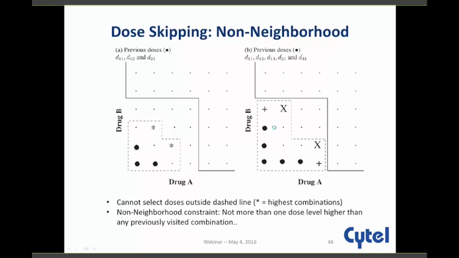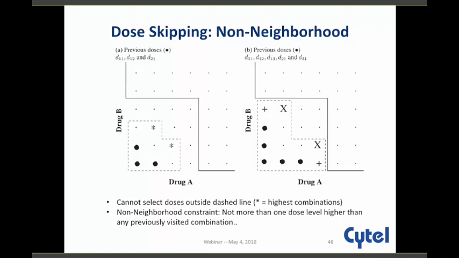And there is also the non-neighborhood approach, which allows you to consider all of the previous doses that were administered, and then restrict to a single dose higher or lower to any of these previous doses. And this is the way that the algorithm will work.